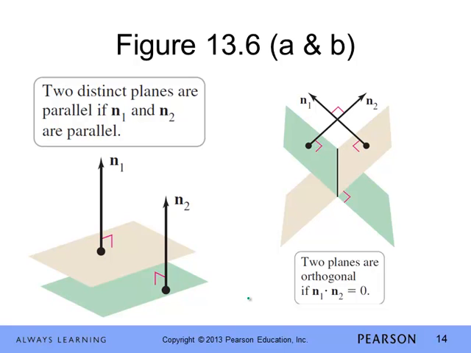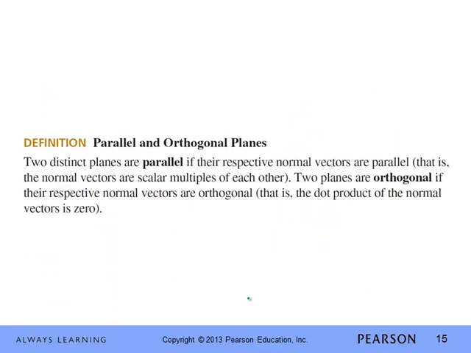And of course, if neither is the case, then they're neither parallel nor orthogonal. They will cross somewhere. It's just that they're not crossing at 90 degrees, and they're not parallel with each other. So that's what this says. There's this little blurb in the book that basically says the same thing that we just talked about. Dot products, scalar multiples.